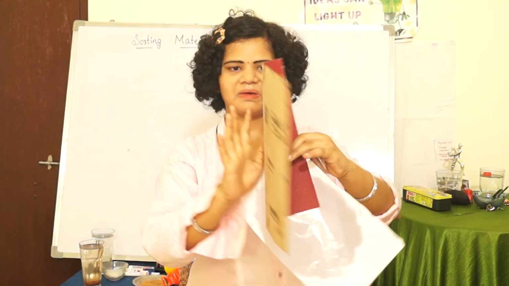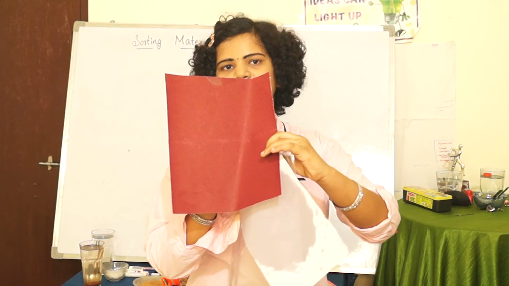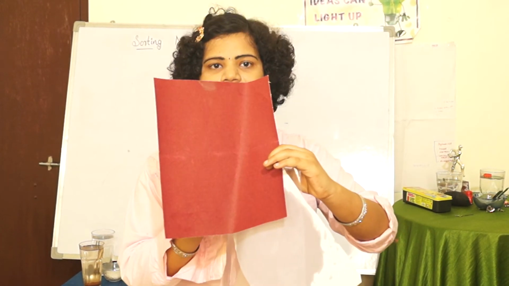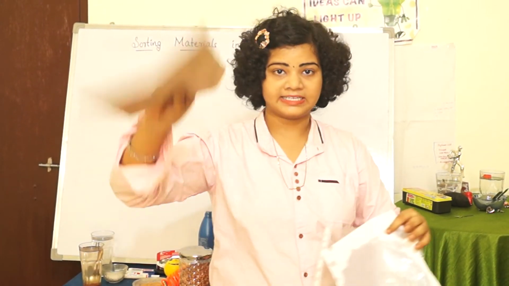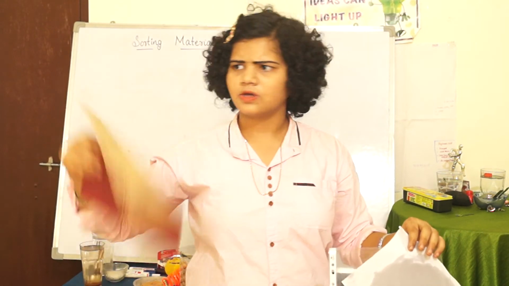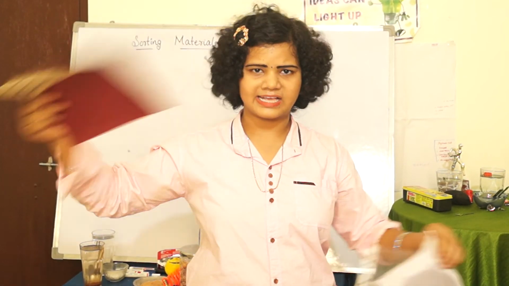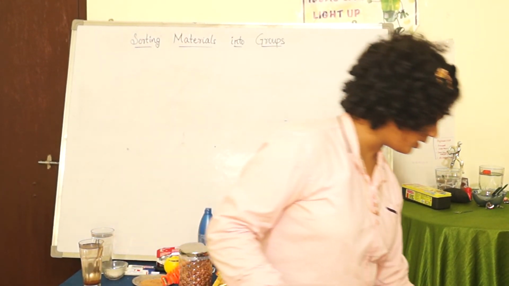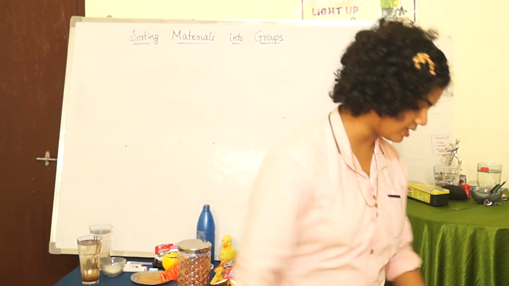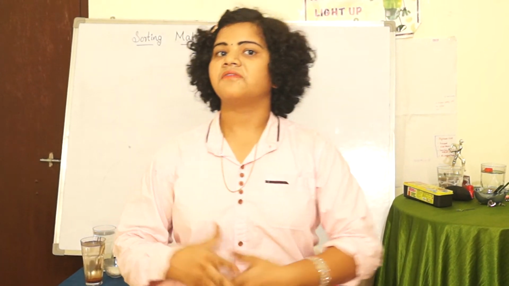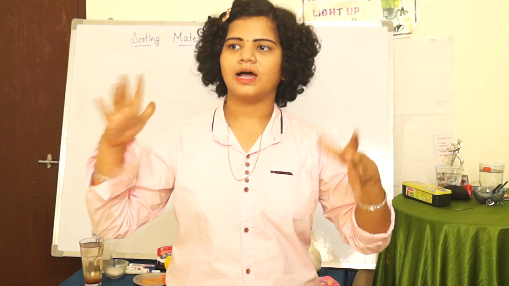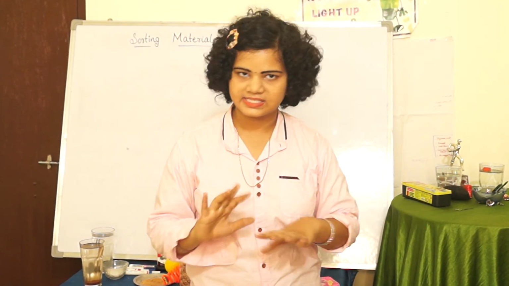Can you see my hand now? No, you can't see. So this object is opaque. Not only this, you have walls, doors and other objects around us which are opaque, meaning we cannot see through them.